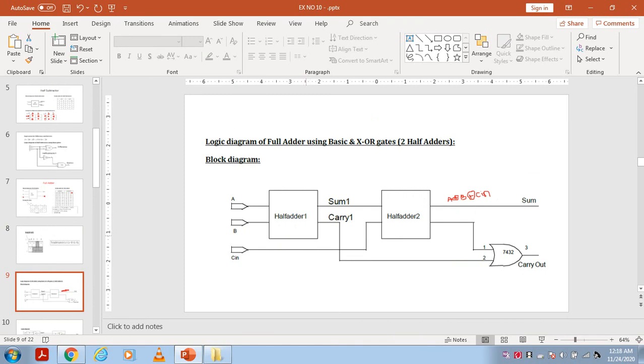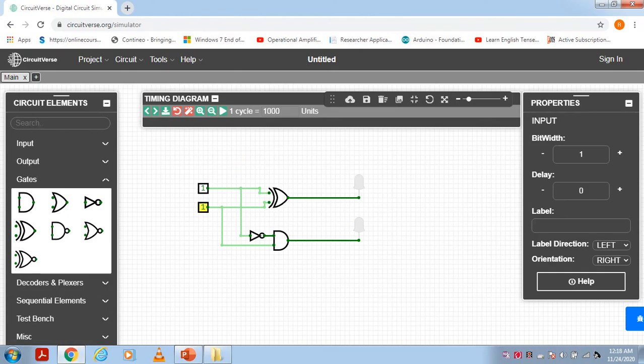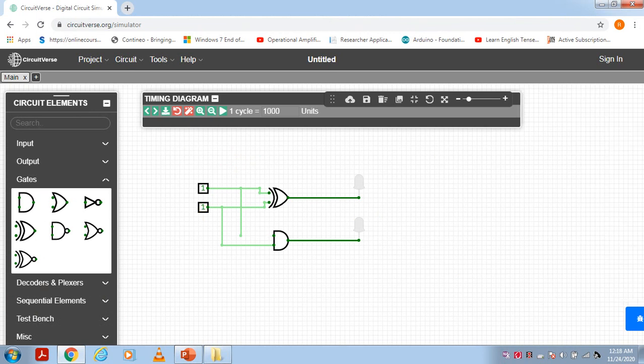So here two half adder circuits are required and one OR gate is required. So I am going to implement this in the software. So I don't want this NOT gate, so I just remove this one.